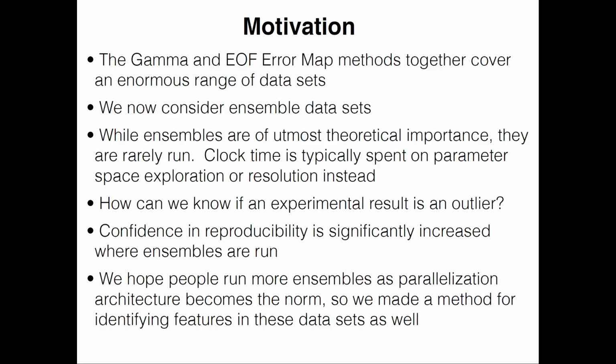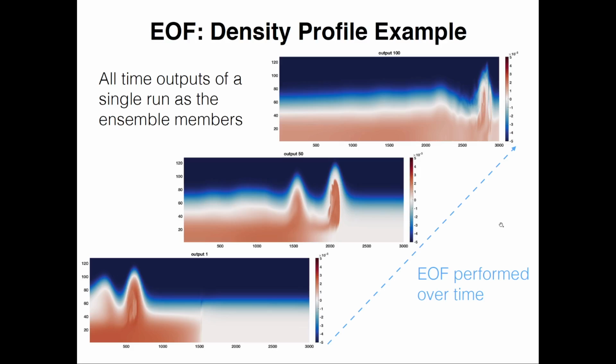You don't, because you only ran one simulation. And so obviously confidence in reproducibility would be significantly increased if we ran ensembles. We hope people run more ensembles as parallelization architecture becomes the norm, because it's easier than ever. And so we made a method for identifying features in these data sets as well.